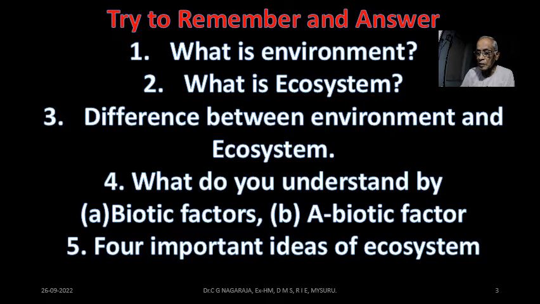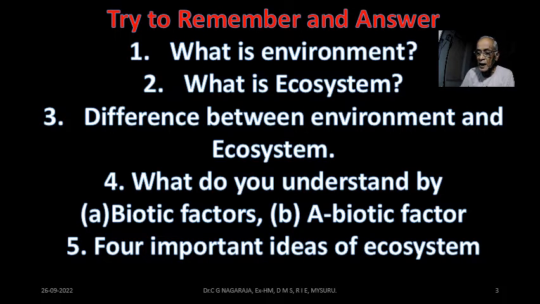What is environment? Environment refers to the place or surroundings where animals or plants live. That is just the surrounding. Now, what is ecosystem? Ecosystem refers to any geographical area, or you can call it environment, but where there will be interaction between the living beings of all kinds.